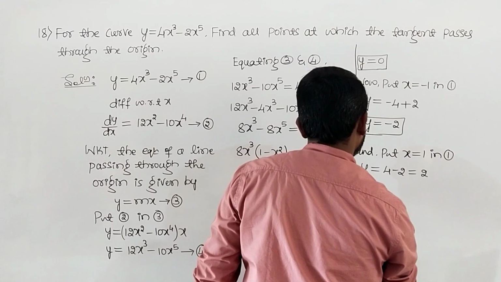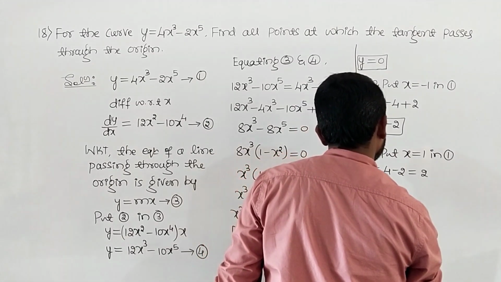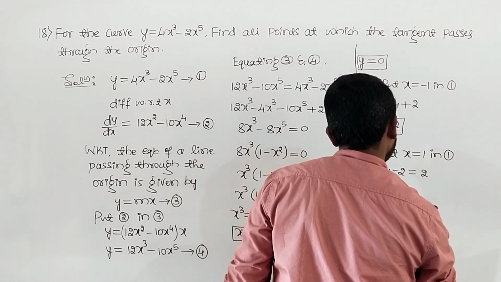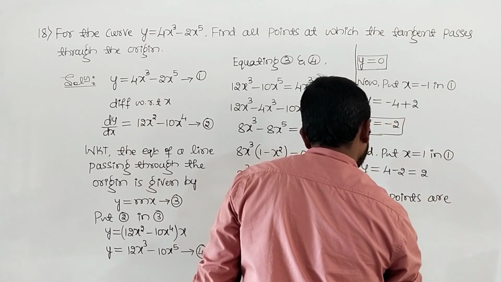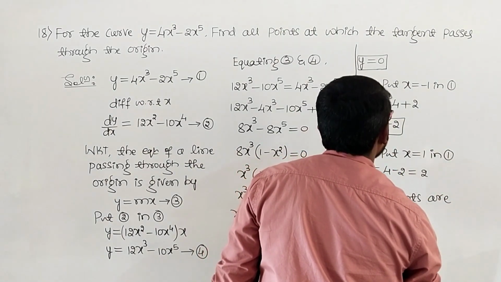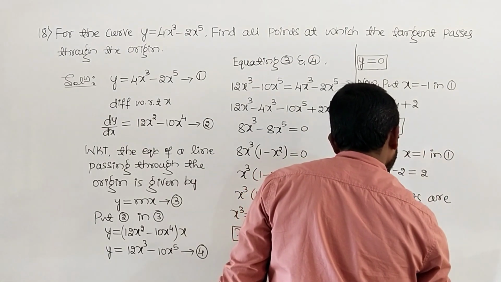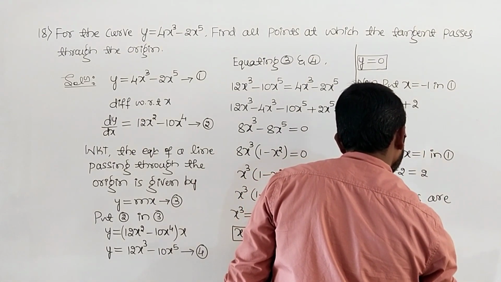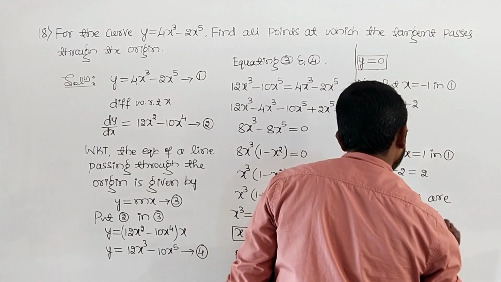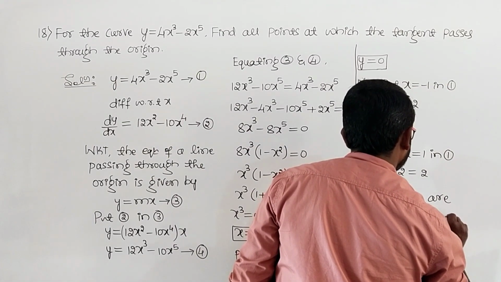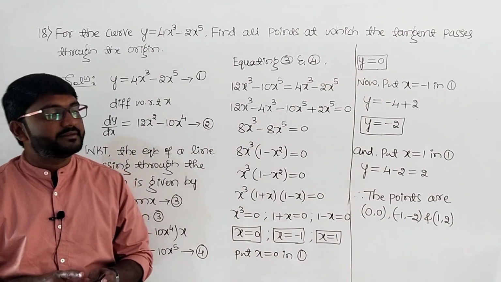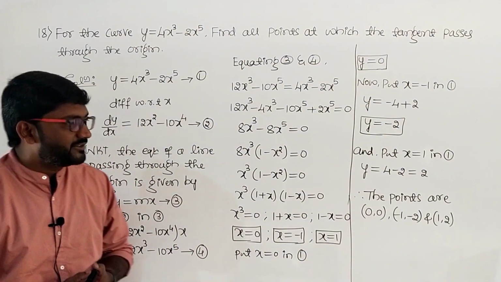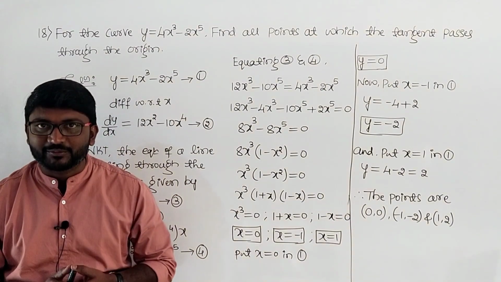Therefore, the points are 0, 0 and then minus 1, minus 2, and 1, 2. These are the required 3 points at which the tangent passes through the origin. This is all about the 18th problem.